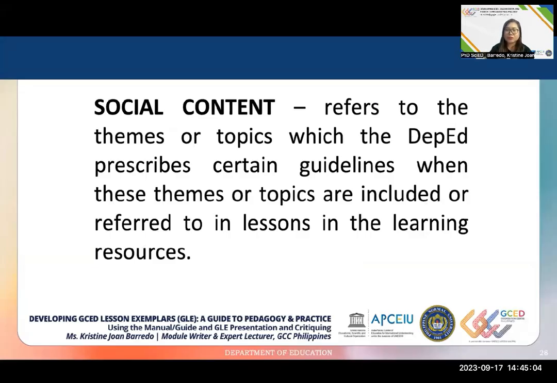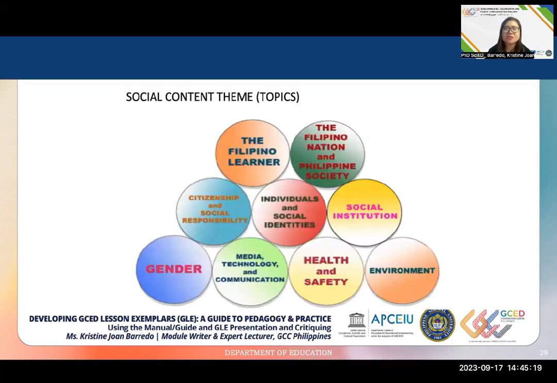And for social content, it refers to the themes or topics for which the DepEd prescribes certain guidelines when these themes or topics are included or referred to in lessons in the learning resources.